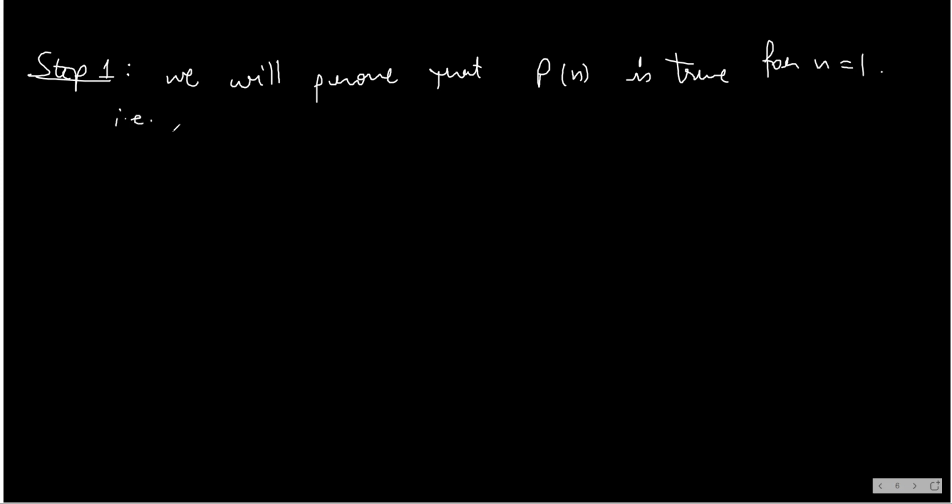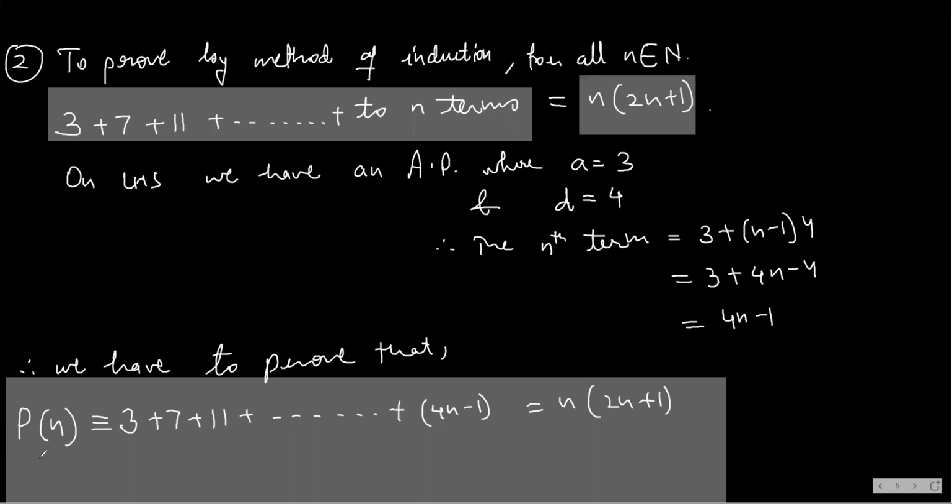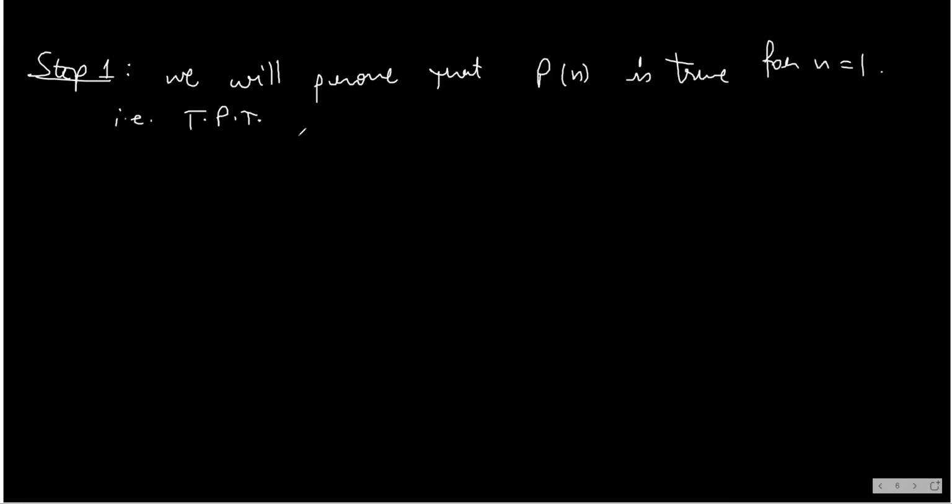That is to prove that. Now see, when you say n as 1, you mean just one term. Now for one term, what will this P of n become? You can check. For one term, you will have P of 1.